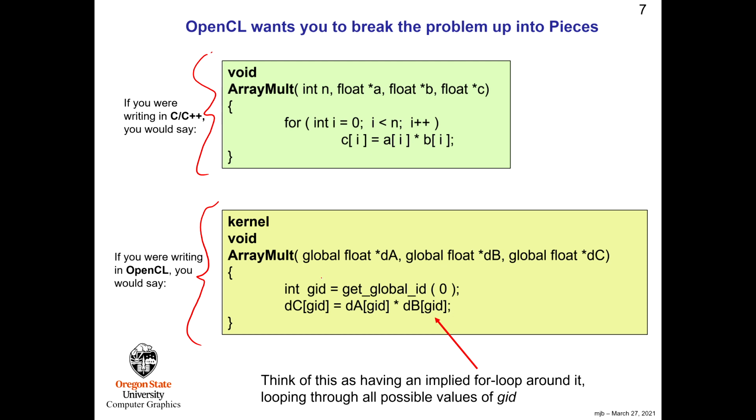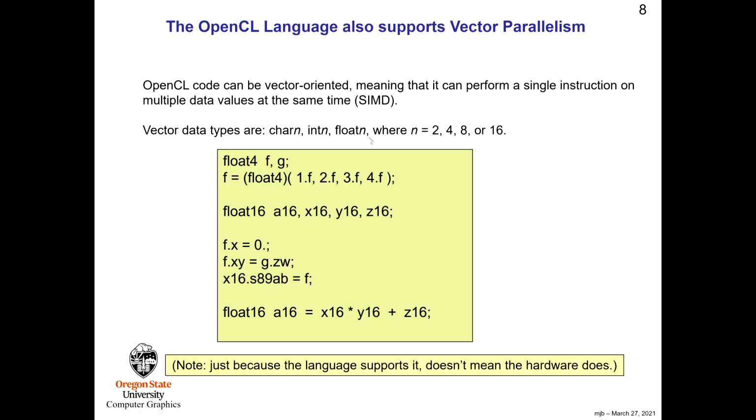The big difference is how you compute the GID. There is a built-in function that already tells you what the GID is, but the use of the GID, the global identifier, is exactly the same. The OpenCL language supports vector parallelism. Basically, this is SIMD, and your SIMD can be 2-way, 4-way, 8-way, or 16-way.